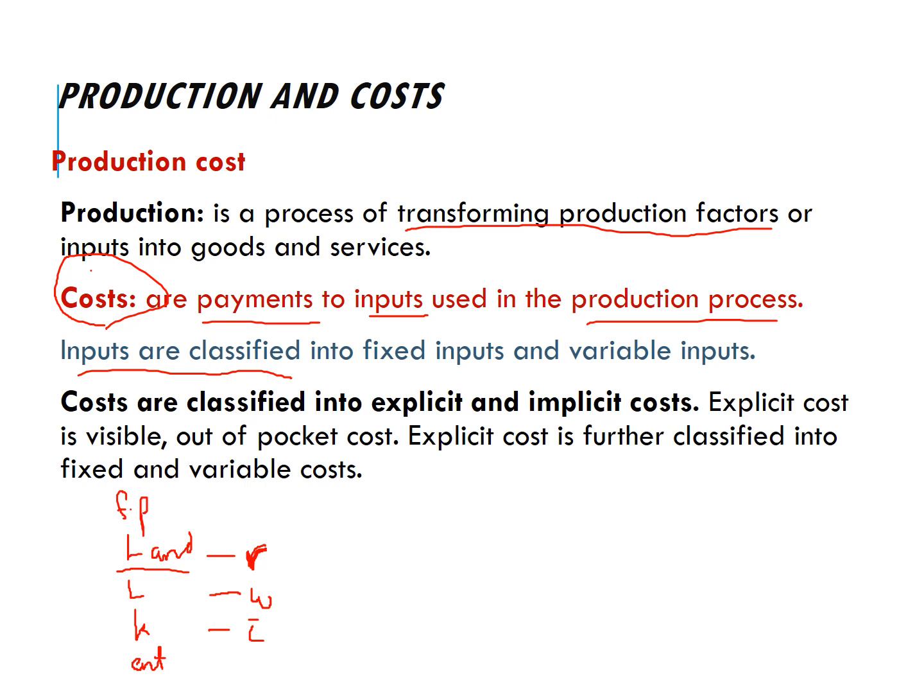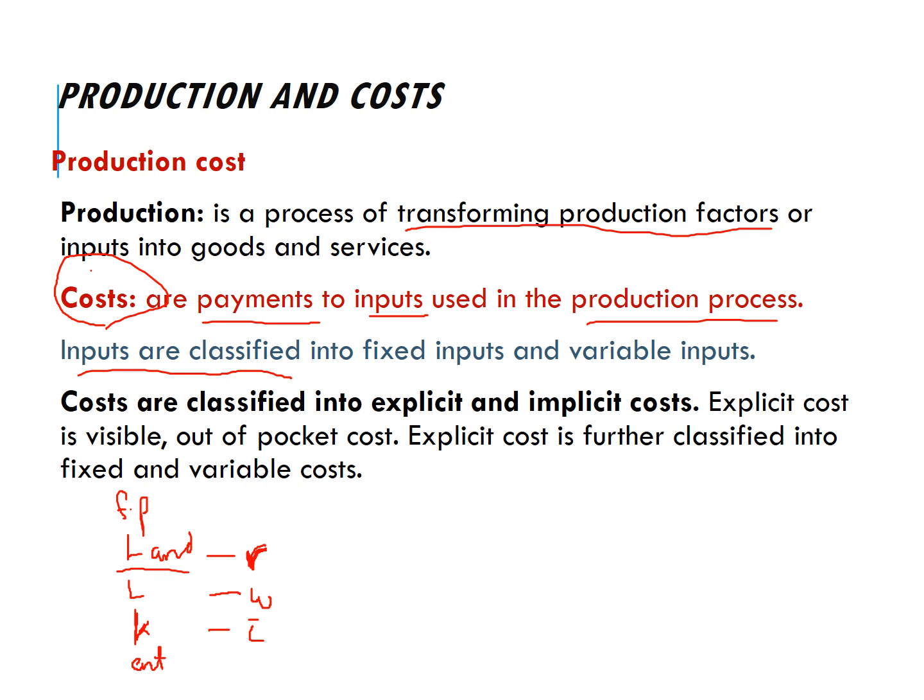Because normally we refer capital for the bigger items like building, vehicle, machinery. So normally the entrepreneur will apply for a loan from the bank sector to buy those things. So the loan will cost you an interest rate. So that's why the cost for capital is I.